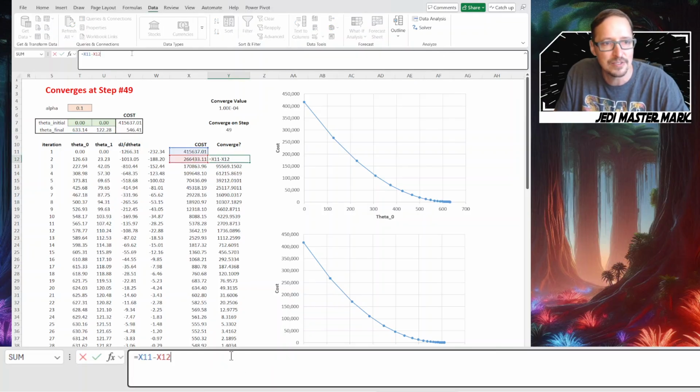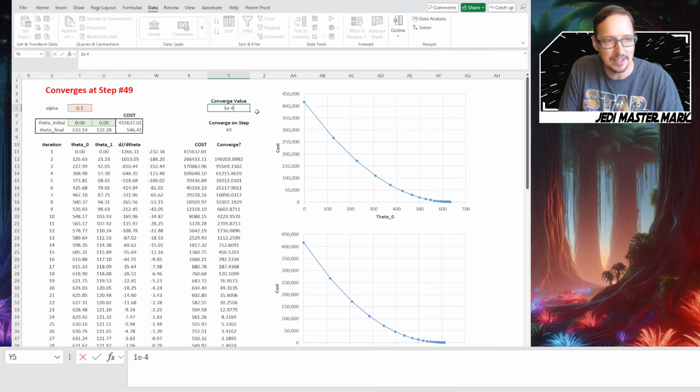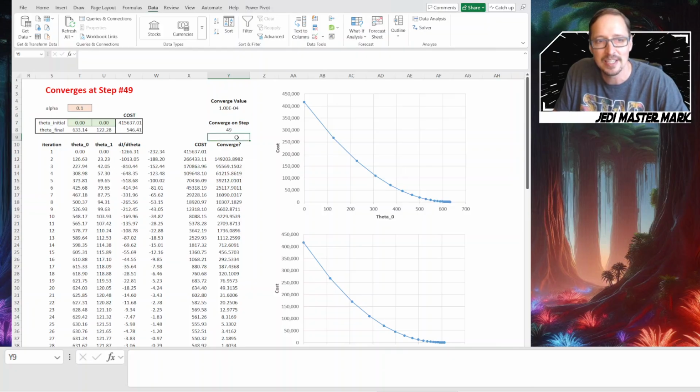If you highlight this formula, you take the cost function from the iteration before and subtract the cost function at the present iteration, and this tells you how much the cost function improved. Once it gets below a certain value, here we just did 1e to the negative fourth, then it's going to stop. So I did a calculation cell up here, and it looks like it converges at step 49.